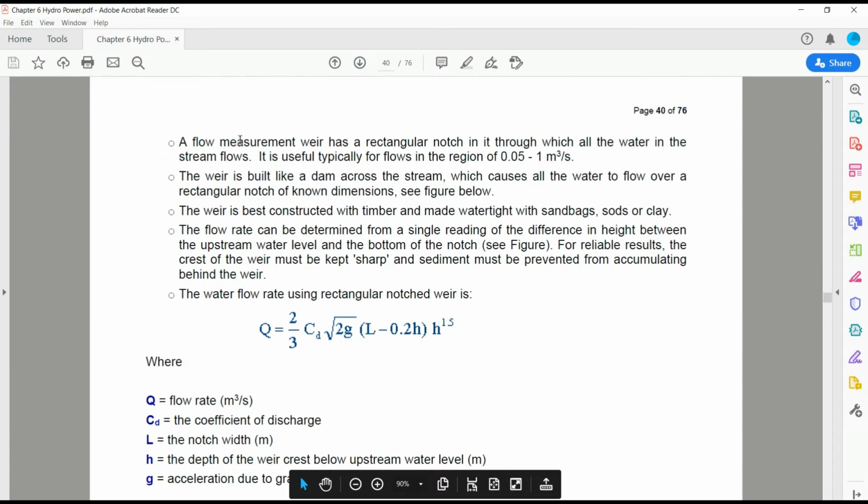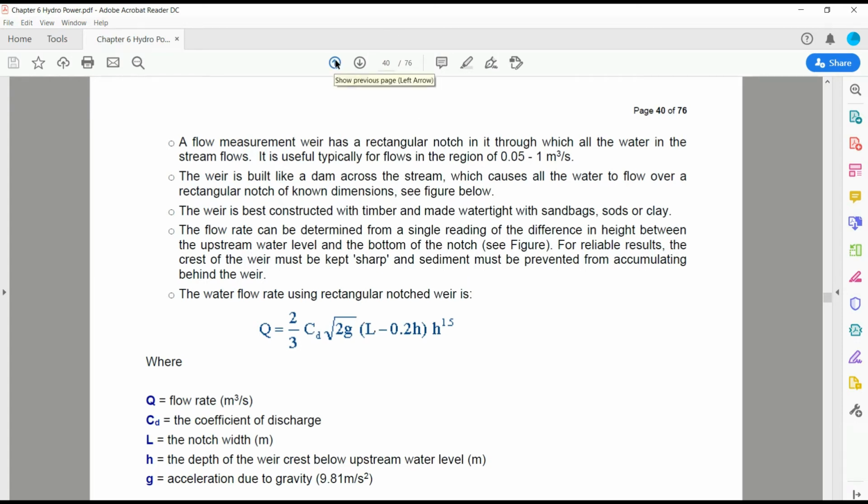A flow measurement weir has a rectangular notch in it through which all the water in the stream flows. It is useful typically for flow in the region of 0.05 to 1 cubic meter per second. So very low flow rate.